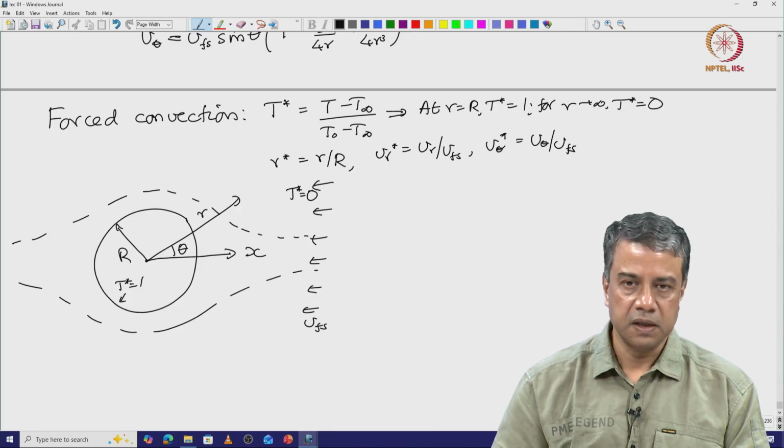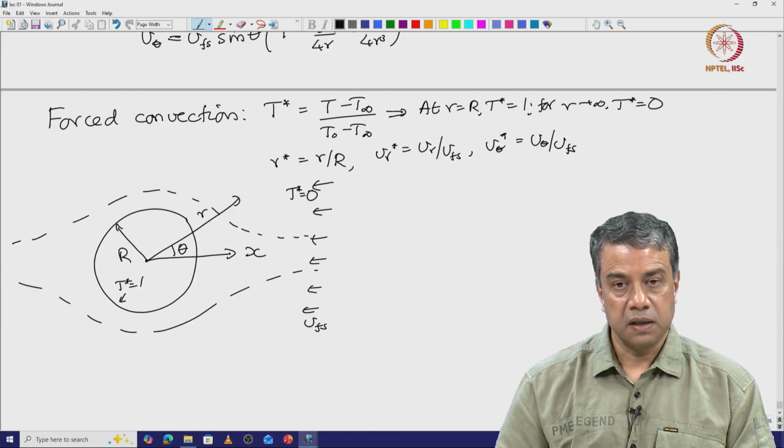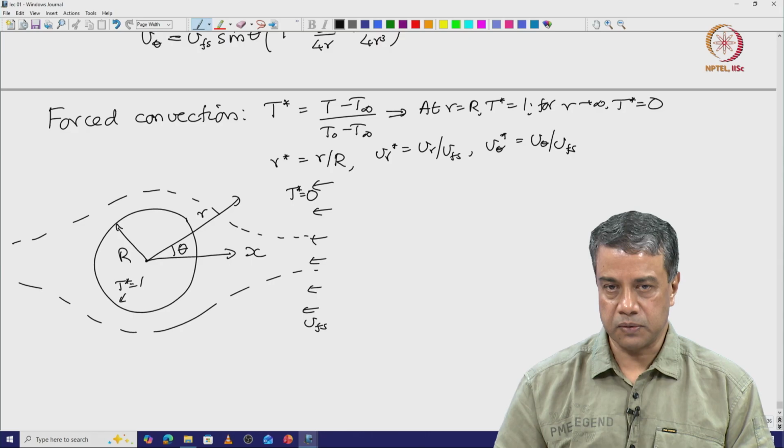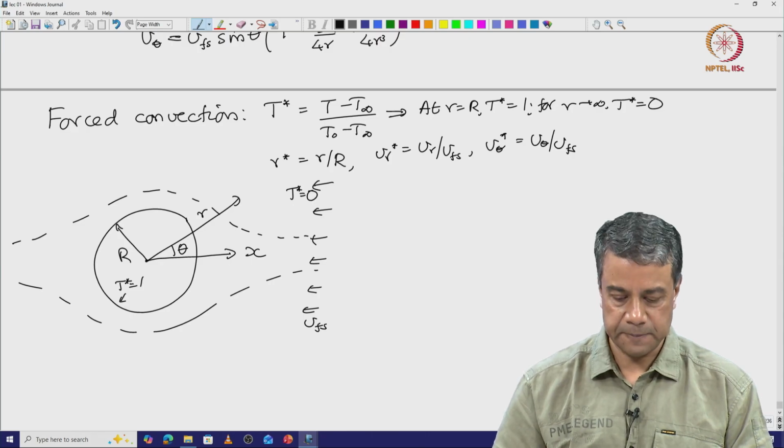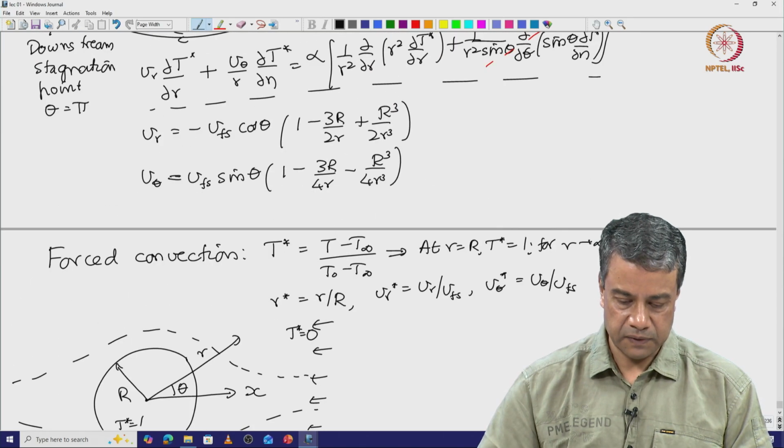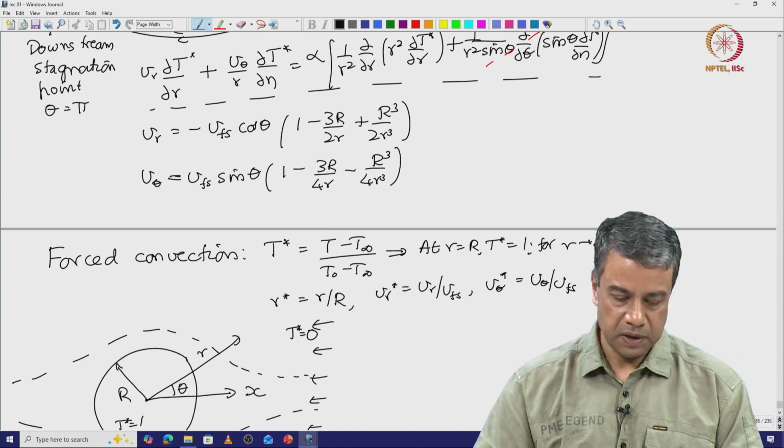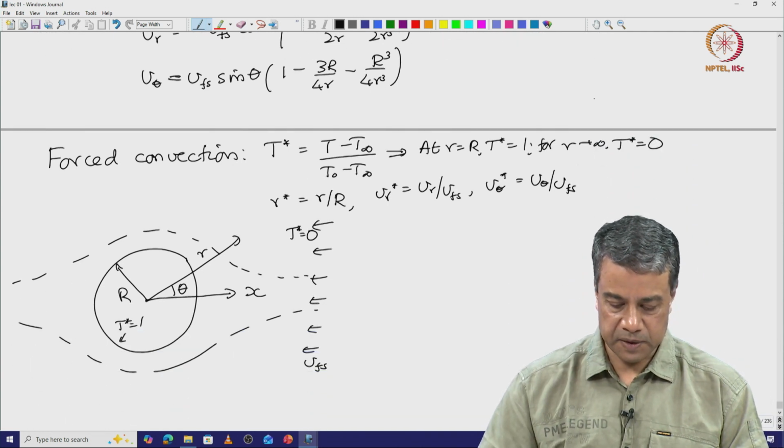So, the energy balance equation in this case, the convection diffusion equation for a steady flow, I had written it here for you, and I can write it in terms of dimensionless groups.